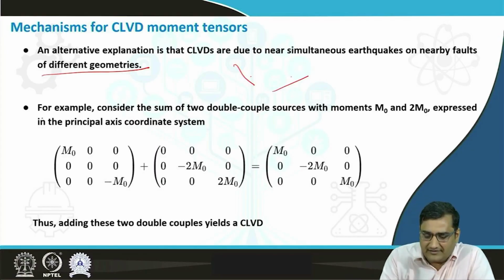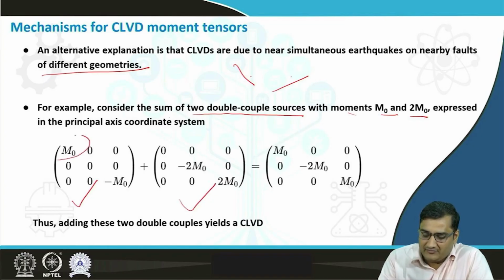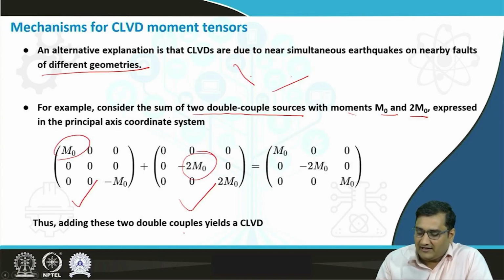For example, consider the sum of two dipole sources with moments m0 and 2 m0. So you can see there are two double couple sources. This is the first one and this is the second one. Here it has the moment m0 and this has 2 m0, and it can be expressed in the principal axis coordinate system, and when we sum them up, it will give the CLVD.